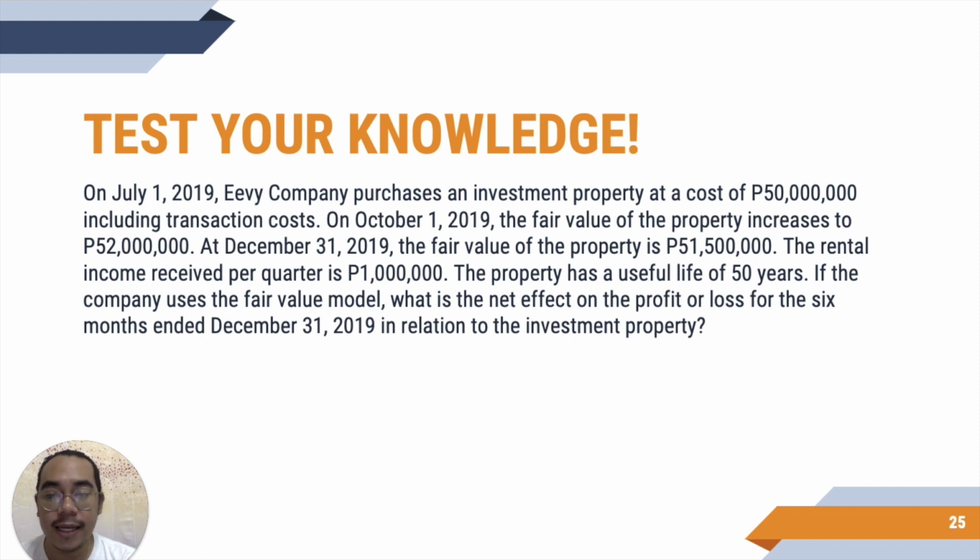The rental income received per quarter is 1 million pesos. The property has a useful life of 50 years. If the company uses the fair value model, what is the net effect on the profit or loss for the 6 months ended December 31, 2019 in relation to the investment property?